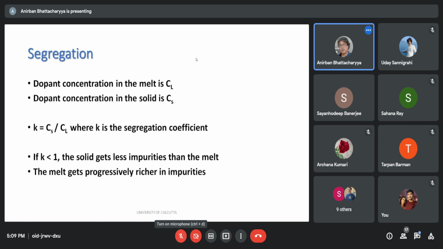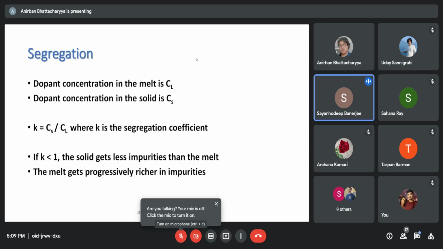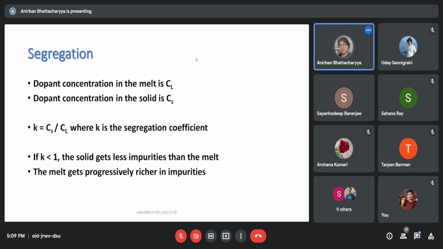No. As I said, you take a glass of water and you mix sugar in it so that there is a concentration of sugar in the water. Okay, this much you got it. Everybody got it, right? And then you put it in the fridge. Part of the water gets converted to ice.